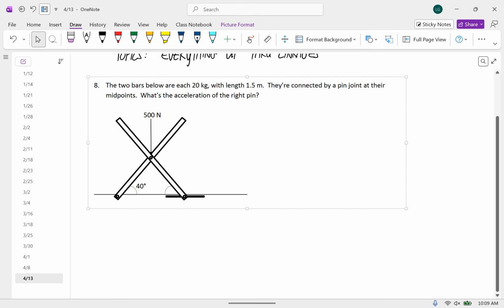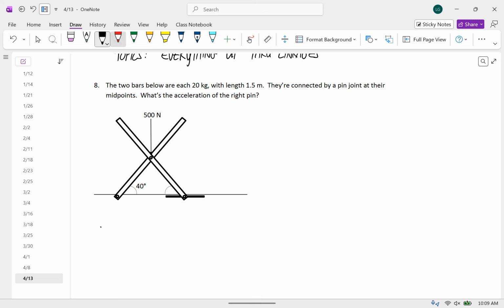Okay, so number 8, I think I only assigned 2 problems last time. So I'm going to call this body 1 and this body 2, and I'm going to call the joints A, B, and C. It gives you the angles.